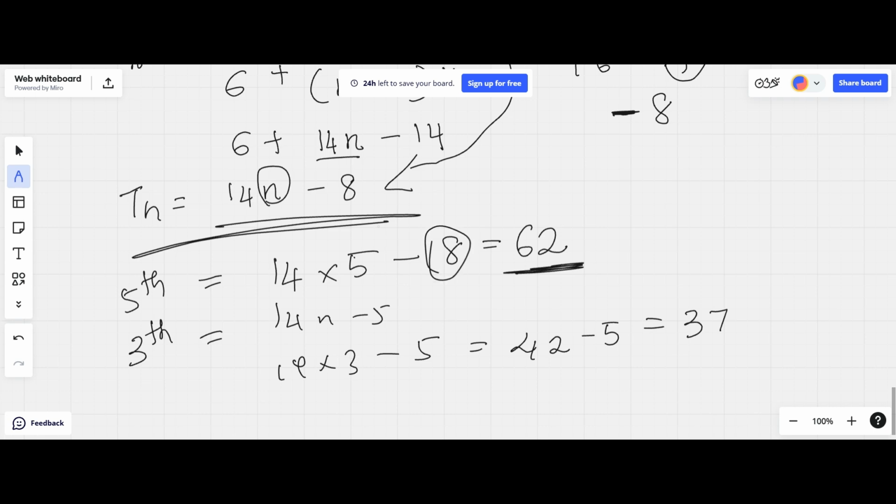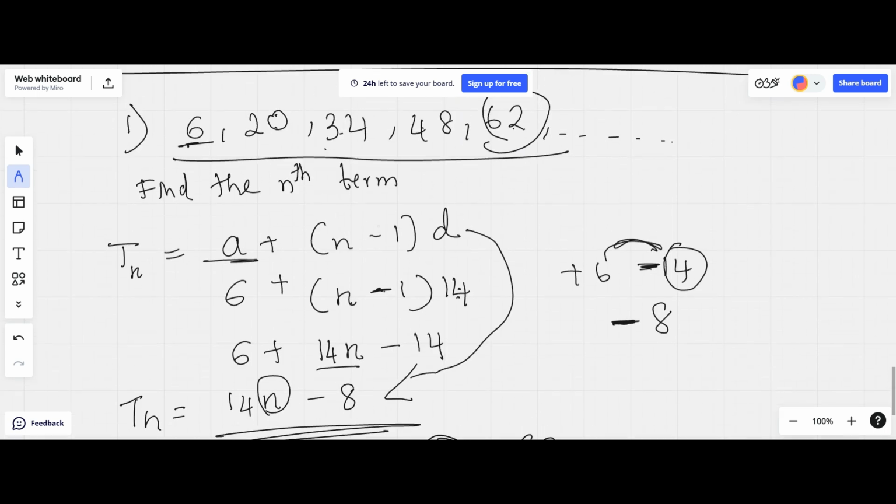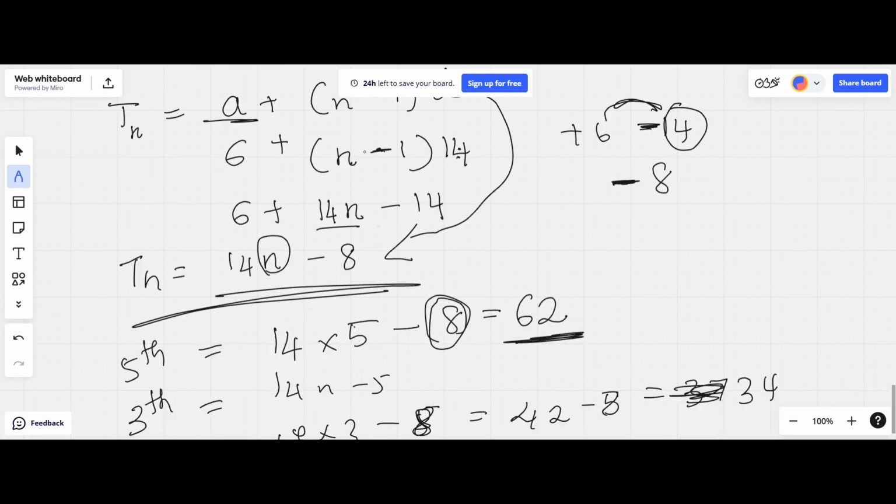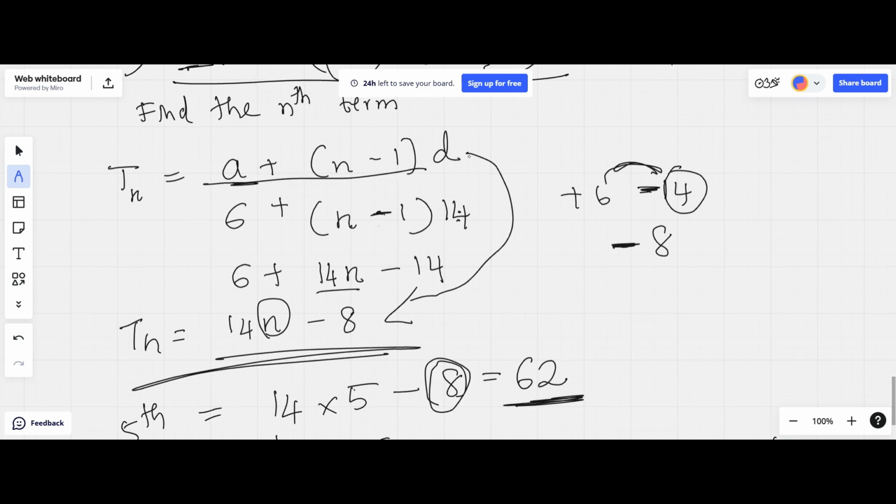Sorry, this is 8, right? 14 into n minus 8. Okay, so 42 minus 8 is how much? 34. Okay, you see the third term, this is 34. Simple.